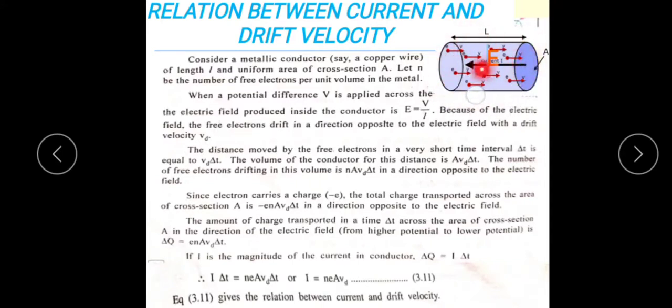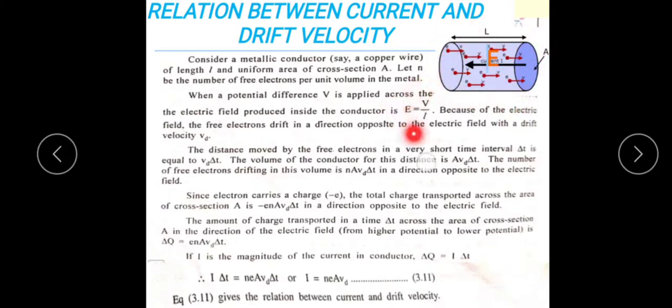That electric field, which is equal to E, is produced inside the metal. Its expression is E equal to V divided by L. We studied in the last class the relationship between electric field and potential, that the electric field is the potential per unit length.